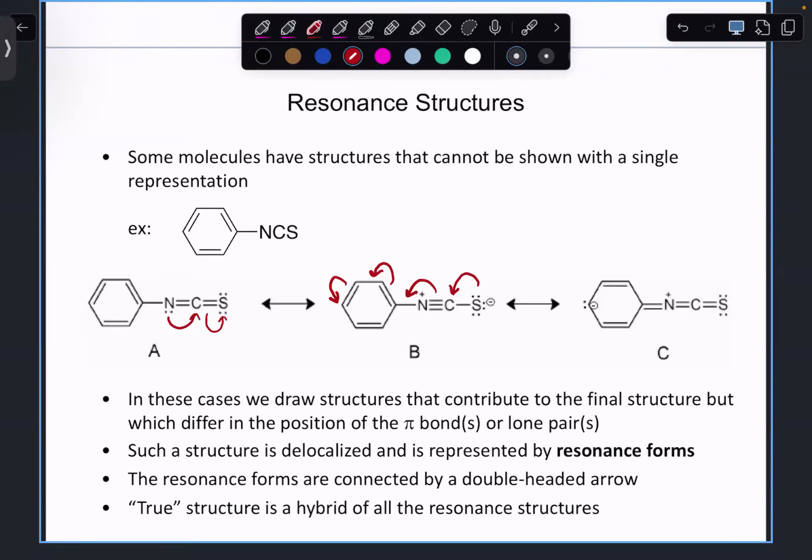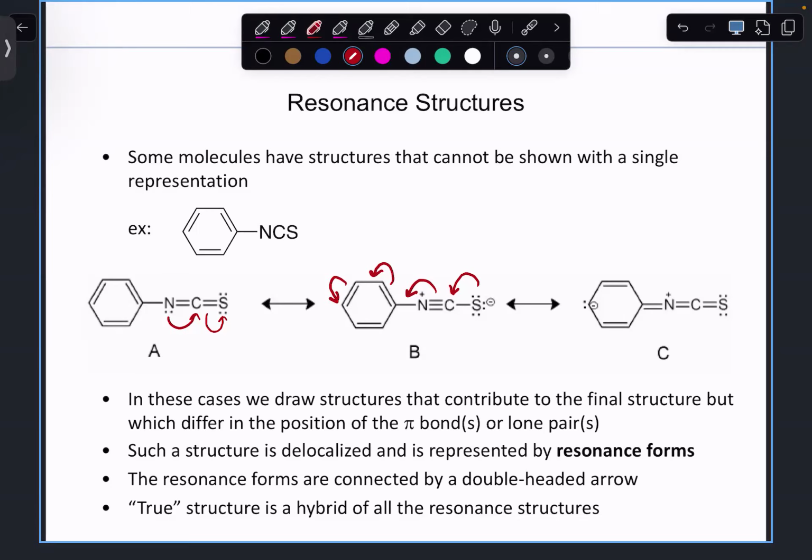I know if nitrogen is making 3 bonds and has a lone pair, that's a neutral nitrogen. So that's how I know that that one has 0 charge. Same thing with carbon. I know carbon always has 4 bonds. This carbon has 4 bonds. It's a neutral carbon. Okay. So you want to make sure you know your common valences for the various atoms.